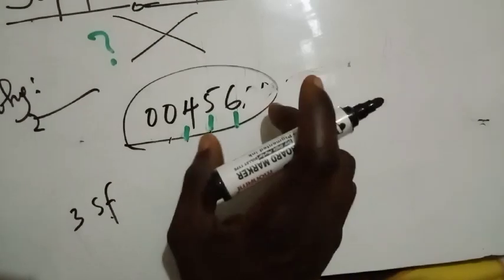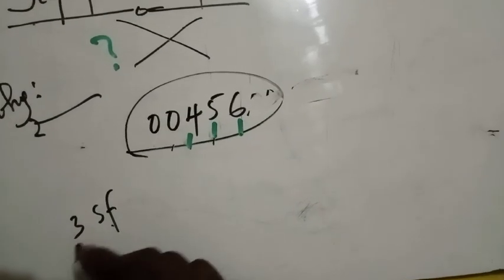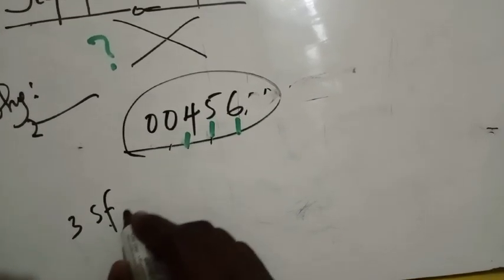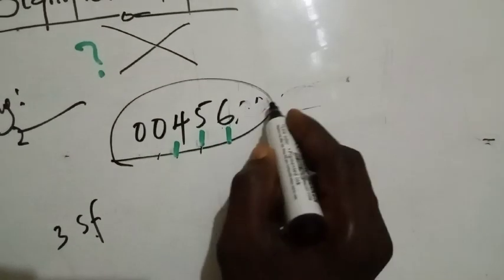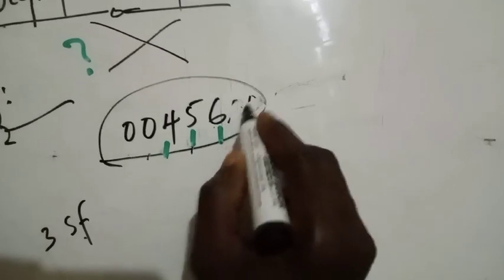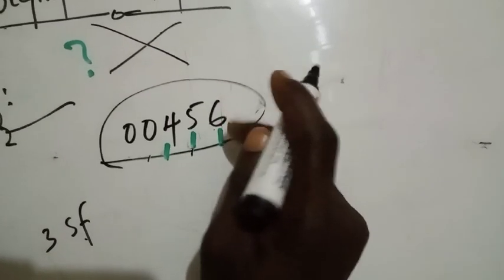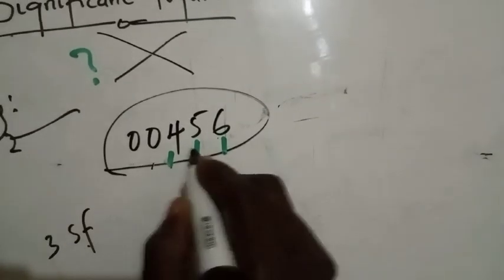I intentionally bring this up for understanding purposes. So let's assume that you want to convert this to 3 significant figures. That is 1, 2, and then 3. Who follows here? Nobody. So absolutely 0. If there's no number here, you just assume that it is 0. Is that okay?